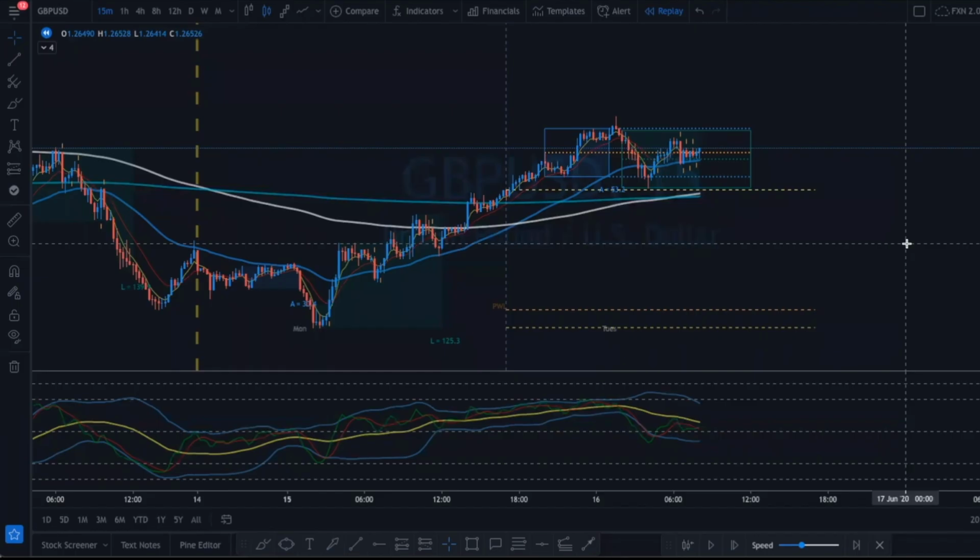All right, so in London, you need to have a one-way directional move. Oh, okay. You need to have a one-way directional move because what you want is the pullback for a continuation trade to pull back during the in-between of the two boxes.